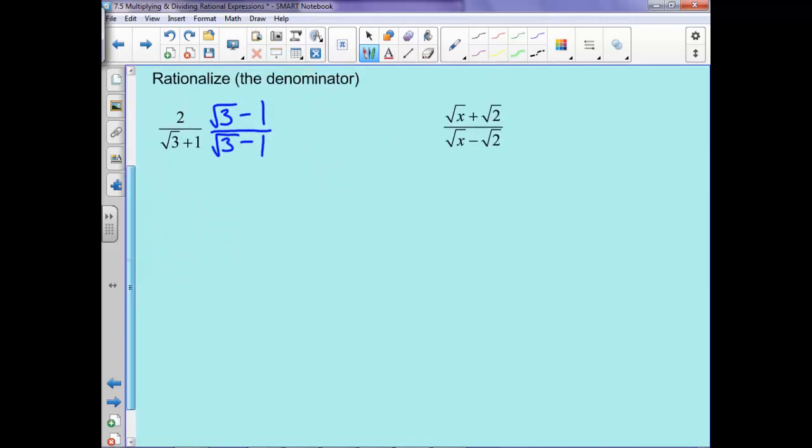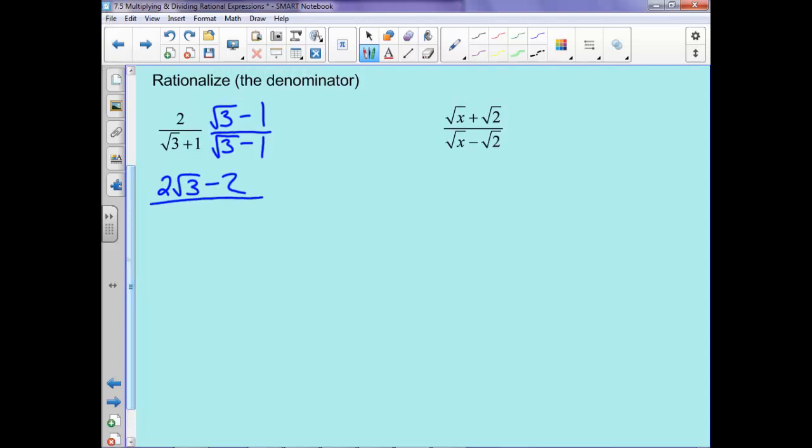So our numerator, once we distribute, will have 2 root 3 minus 2 over. Now when we distribute these two binomials together, I'm going to just do the distribution over here. We'll have root 3 times root 3, which is root 9, minus root 3 plus root 3 minus 1.